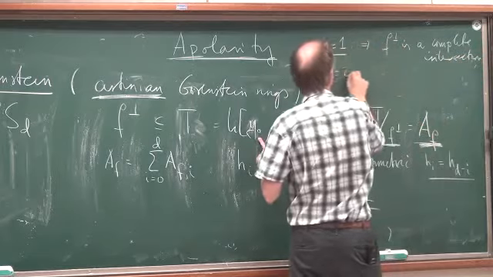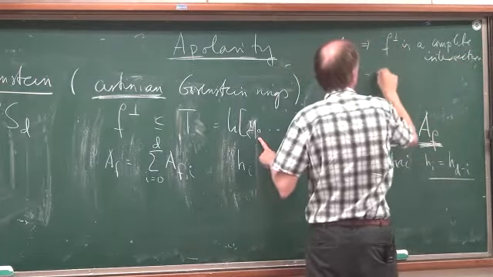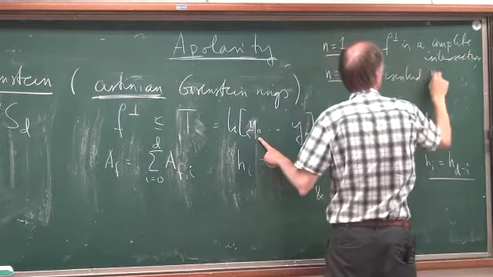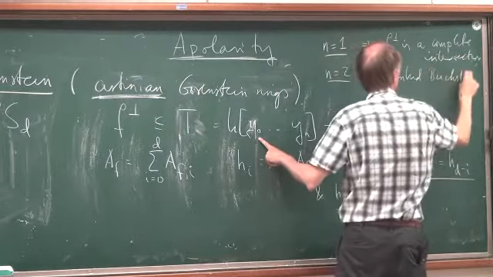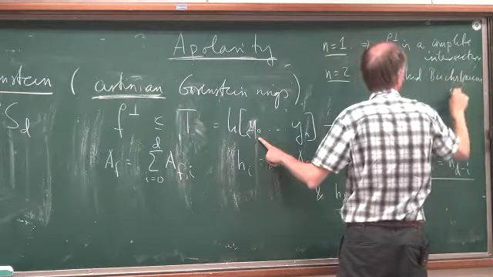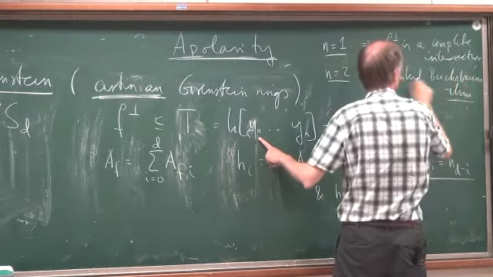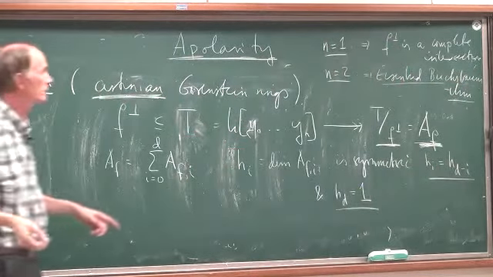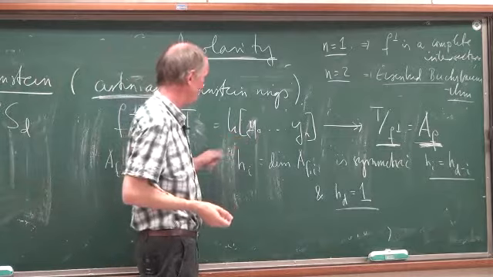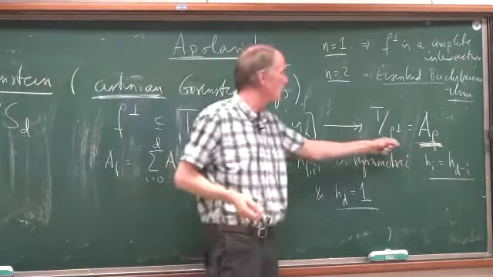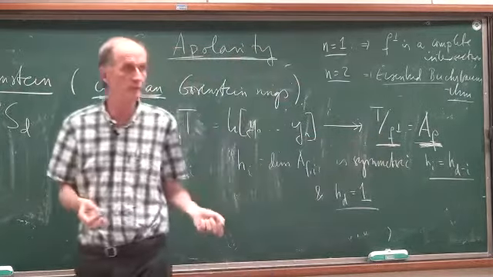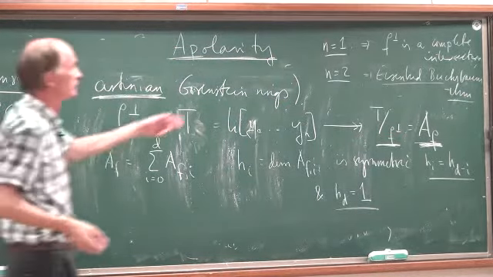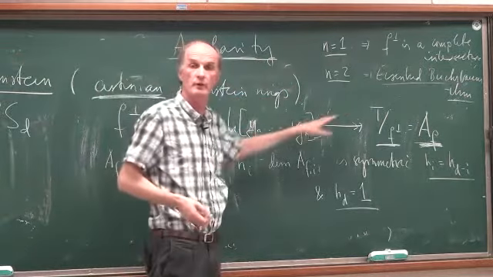When n is equal to 2, there is a Buchsbaum-Eisenbud theorem, which says that the generators of the ideal of F orthogonal are the Pfaffians of a skew-symmetric matrix. So in these two cases, you actually have something very explicit.